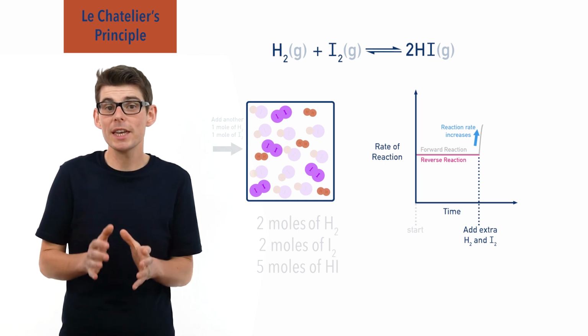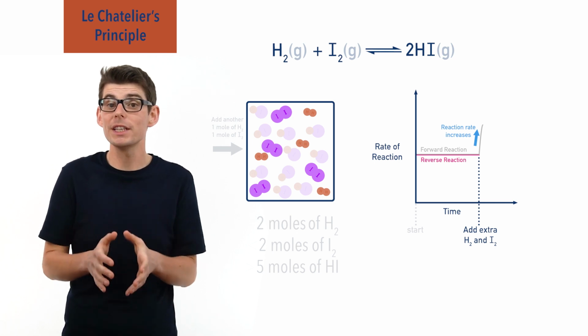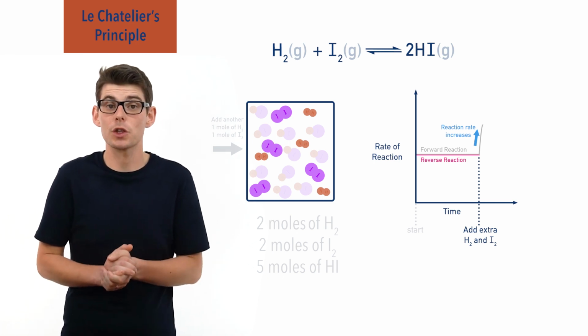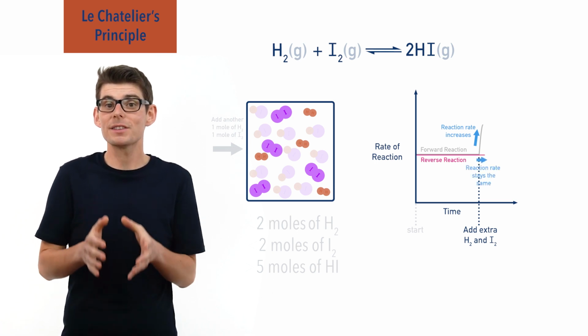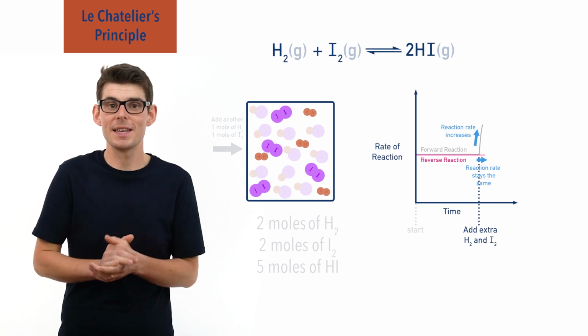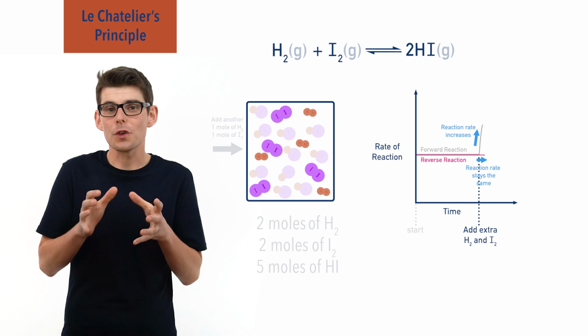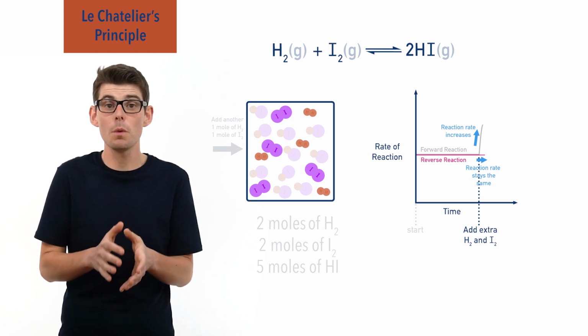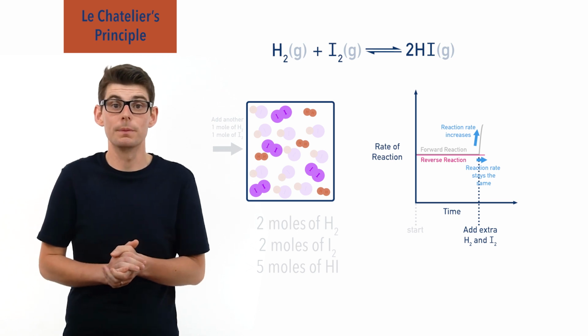We haven't changed the number of moles of hydrogen iodide, however, meaning the rate of the reverse or backward reaction remains the same as before. The rates of the forward and reverse reactions then are no longer the same. We've broken the dynamic equilibrium. For a short period of time, the forward reaction occurs at a faster rate than the reverse reaction.